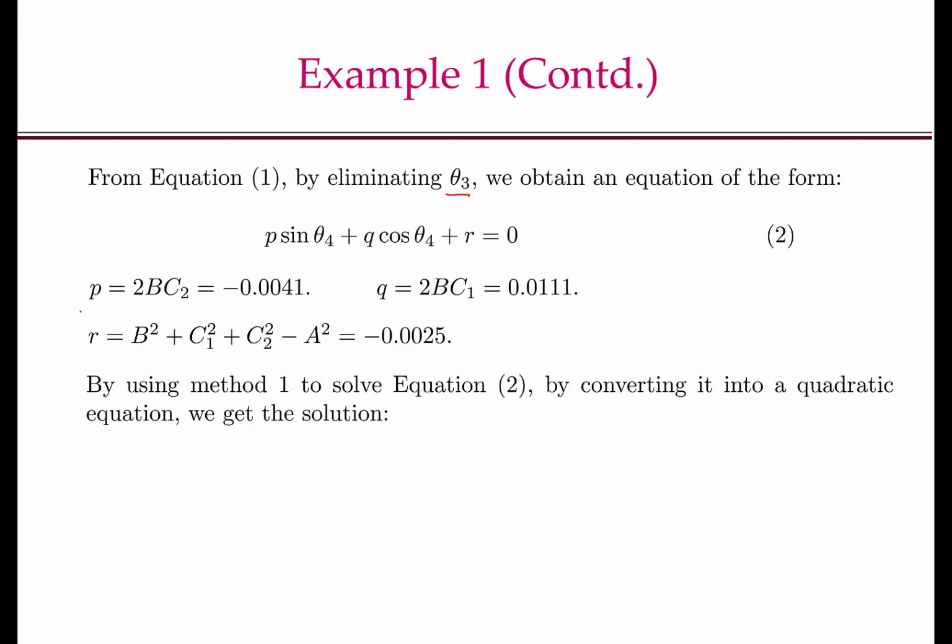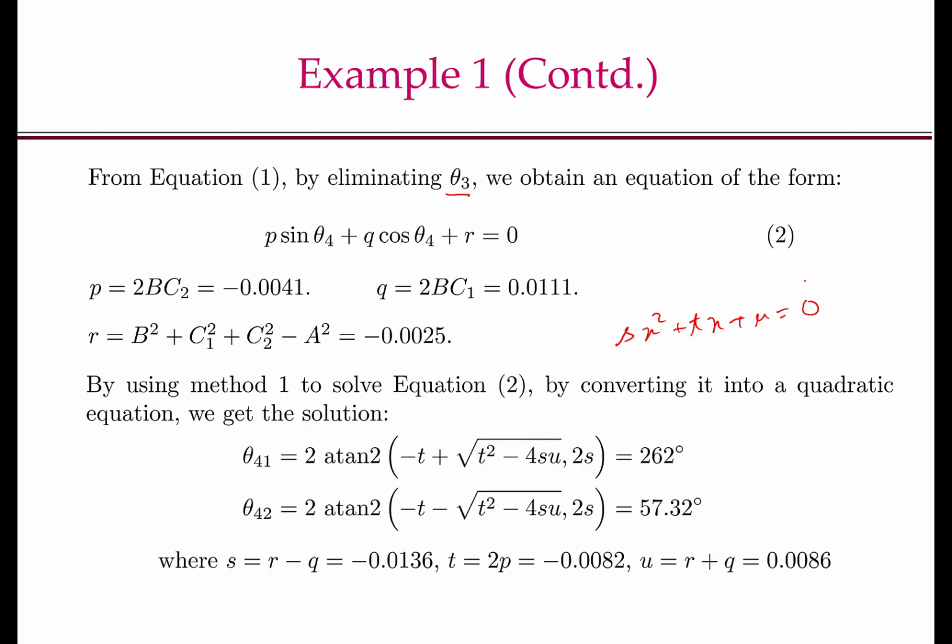Then we know that one way of solving the problem is to convert the trigonometric equation into a polynomial equation of the form s x squared plus t x plus u equal to 0, where s, t and u are functions of p, q and r, and x is tan theta over 2.